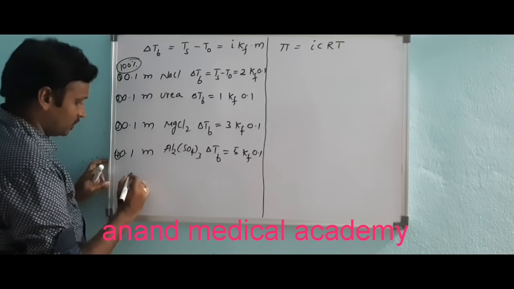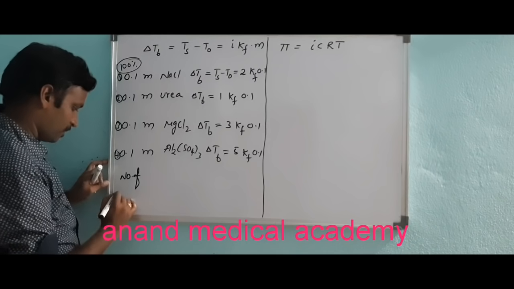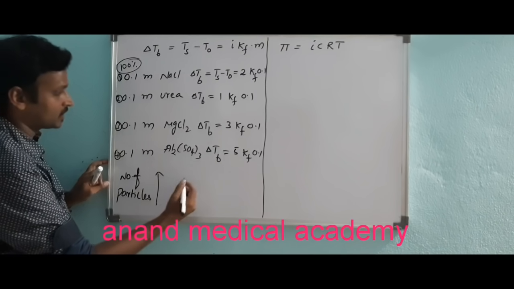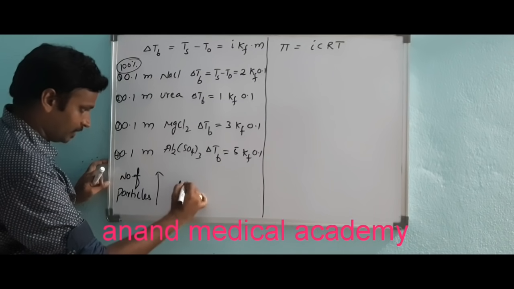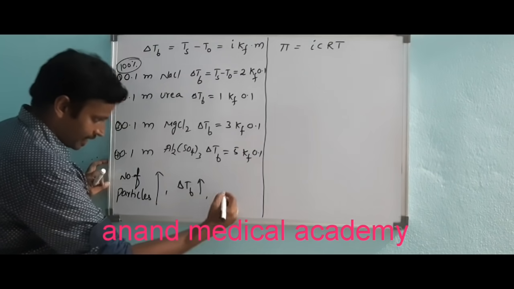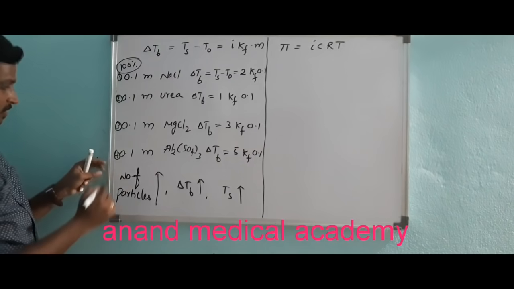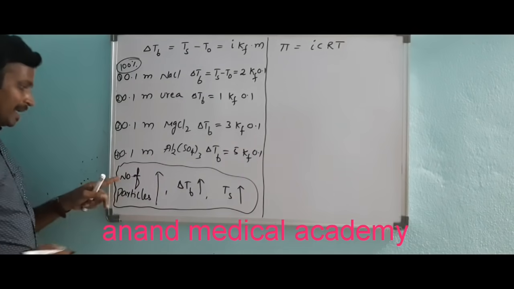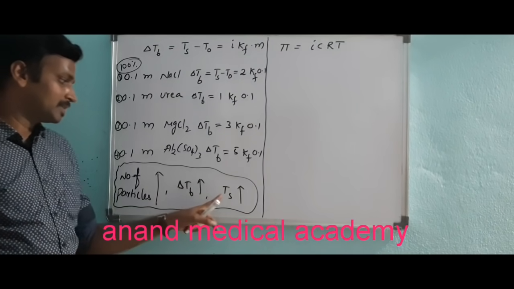So it is very clear that as the number of particles increases, the delta Tb value increases and the Ts value also increases. This is a very important thing for you. Number of particles increases, so delta Tb increases, Ts increases.